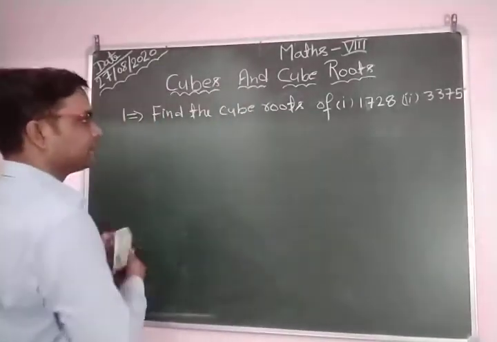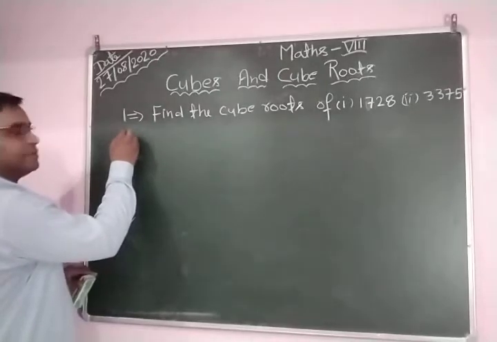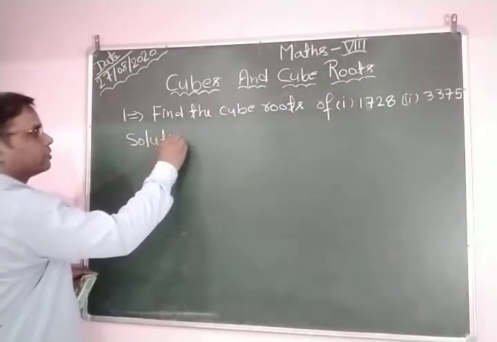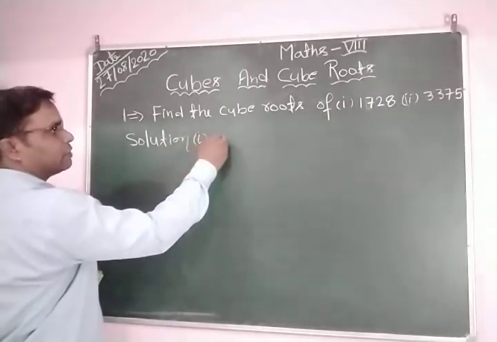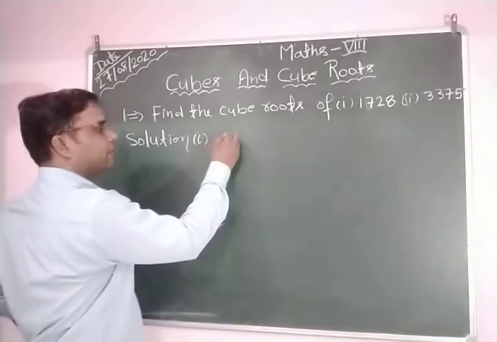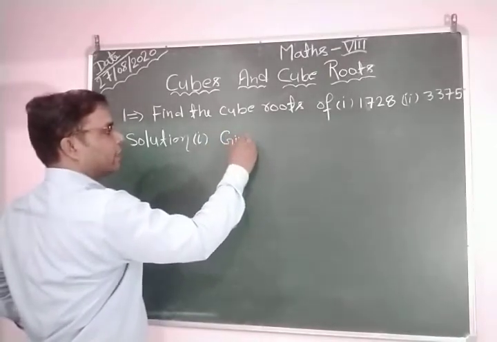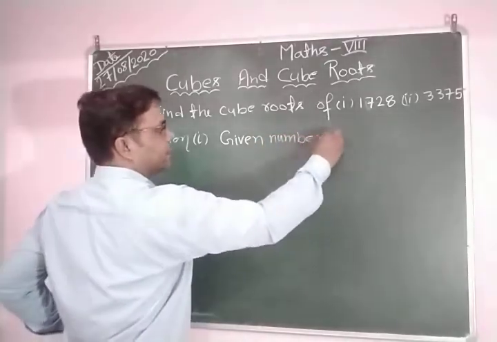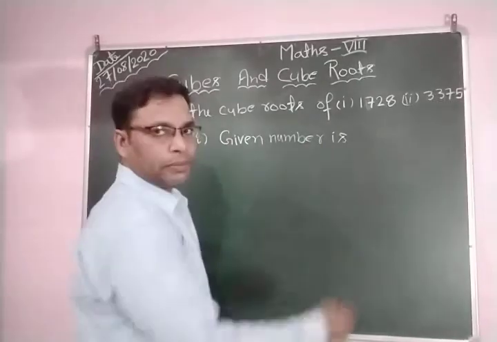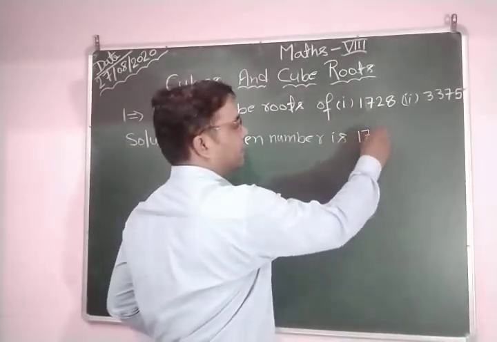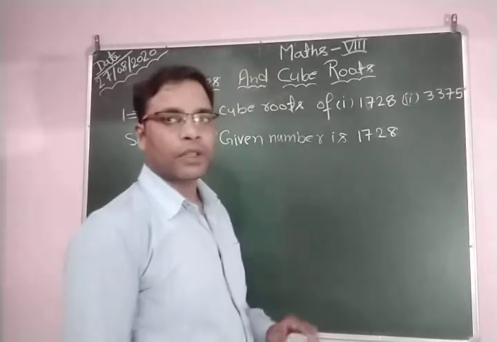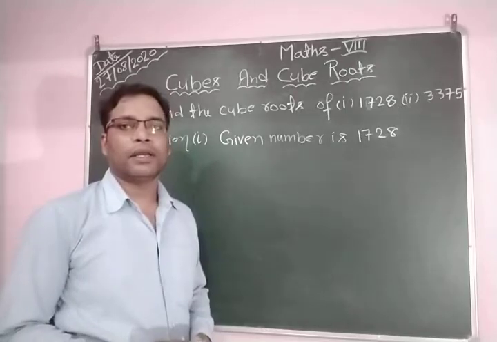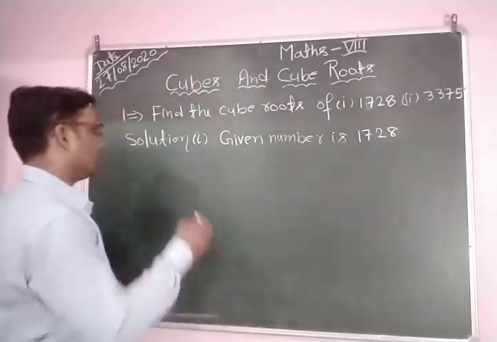The given number is 1728. Now we express it as a product of prime factors.